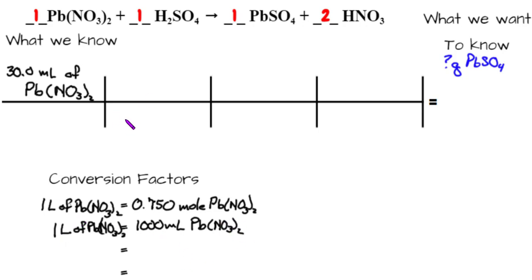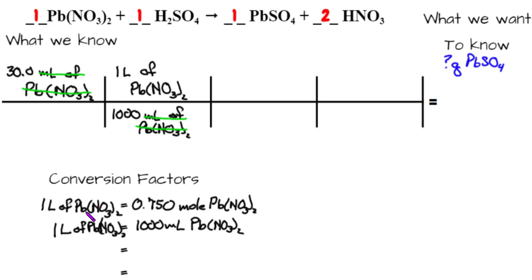I'd like milliliters to be on the bottom, and I would like liters of Pb(NO3)2 to be in the numerator. The reason I chose this way is so that I could cancel milliliters of Pb(NO3)2 with milliliters of Pb(NO3)2, leaving me in the units liters.